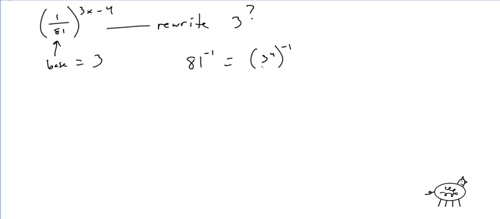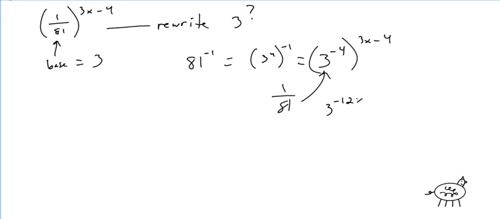Again, I'm writing all that in terms of 3. So isn't that equal to 3 to the negative 4th power? So now I've just rewritten 1 over 81 as 3 to the negative 4th power. But now I need to raise that to the 3x minus 4. And what do you do with the power? You multiply it. So it's 3 to the negative 12x plus 16. And that's actually your final answer.